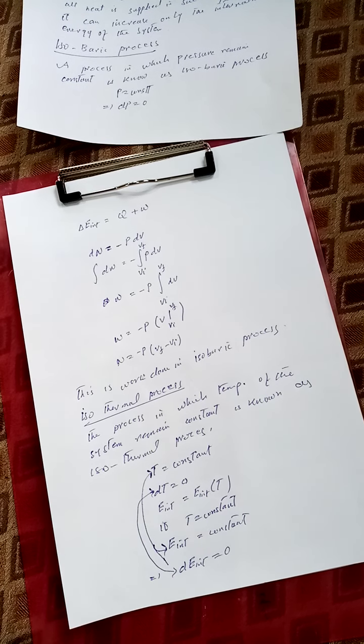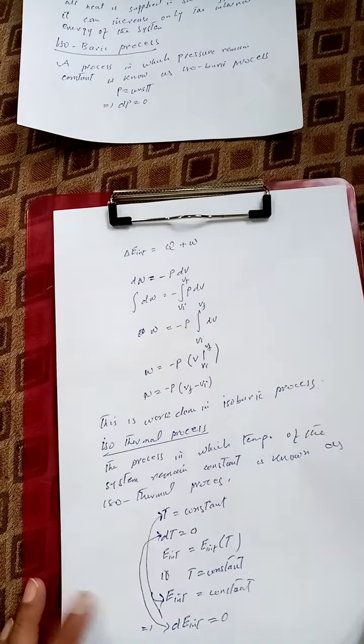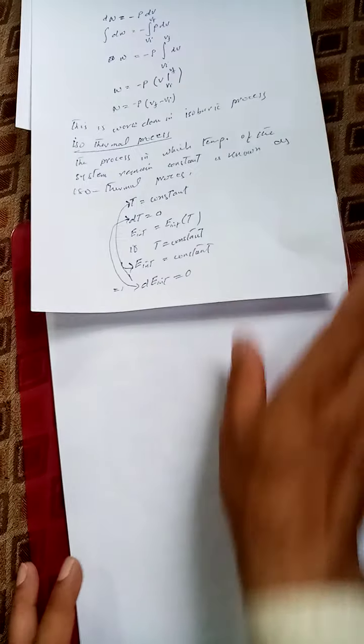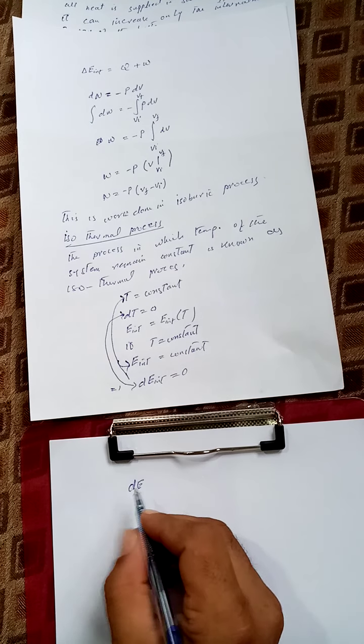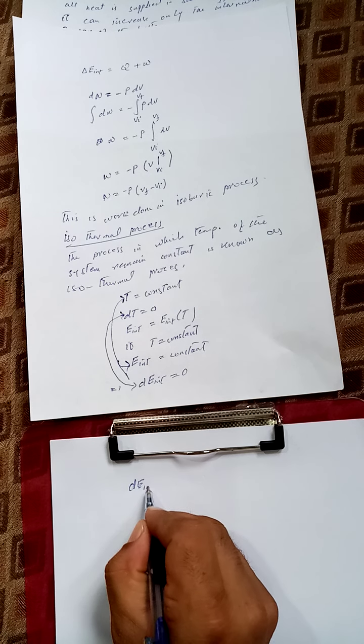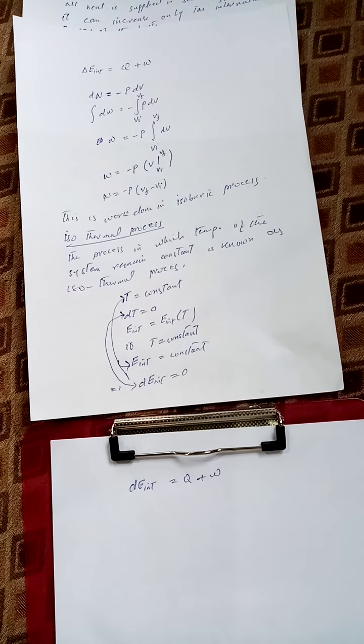Now if the change in internal energy is 0, then we have the first law of thermodynamics, dE internal, the change in internal energy, is equal to the heat supplied plus the work done.